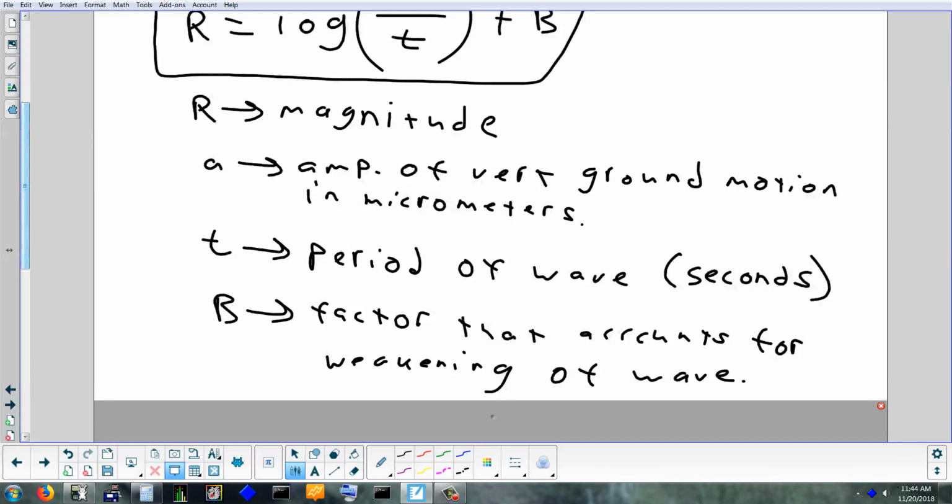You'd definitely feel that because it's very hard. It would transfer the energy. But put pillows on each side of the door, and then those are looser. They kind of absorb that energy. So it's like dropping a ball into sand, right? It just kind of absorbs all the energy. So B is a factor that accounts for how quickly the wave weakens.